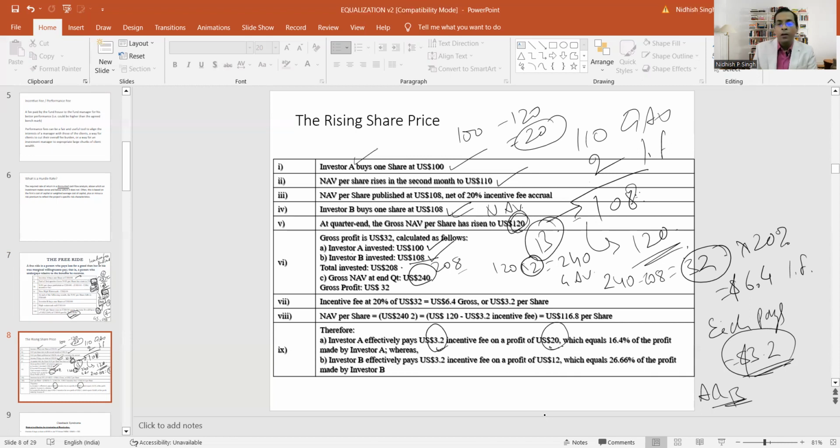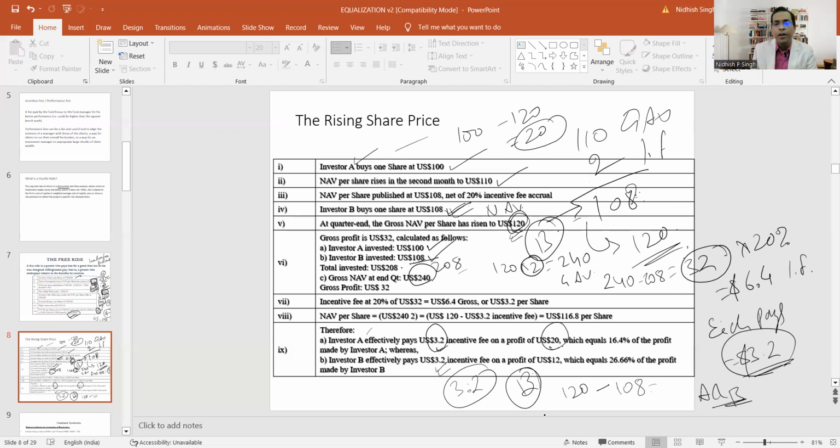Now, the later investor, who came at 108, is also paying 3.2, because as we discussed in the earlier example, incentive fee is calculated not at A and B level, but at the fund level, because of which 3.2 is imposed on B, whereas B has only earned how much? 120, which is the current GAV, minus its subscription amount, 108.